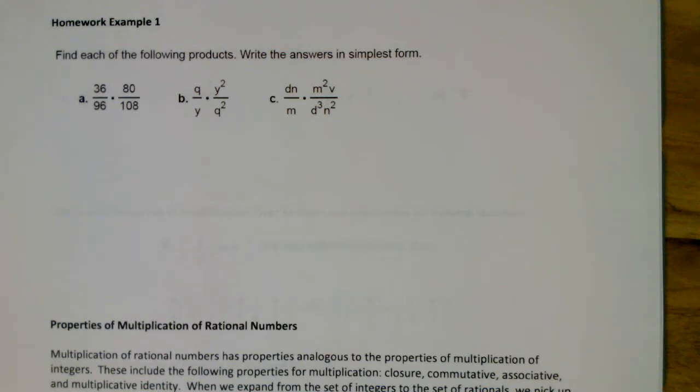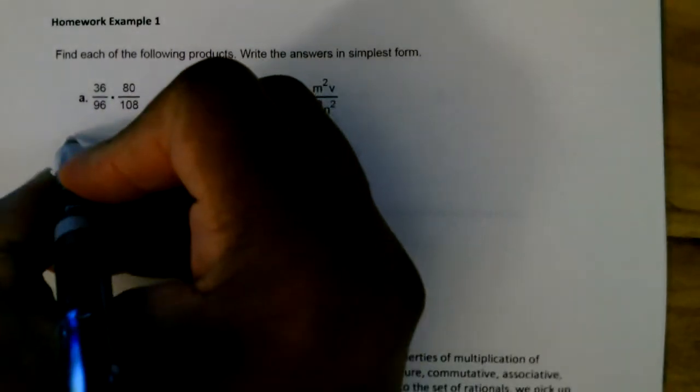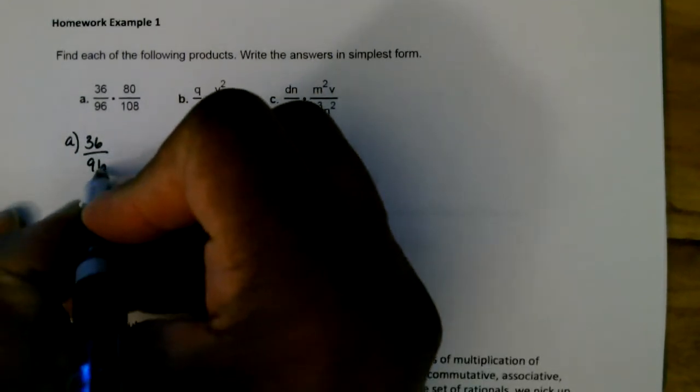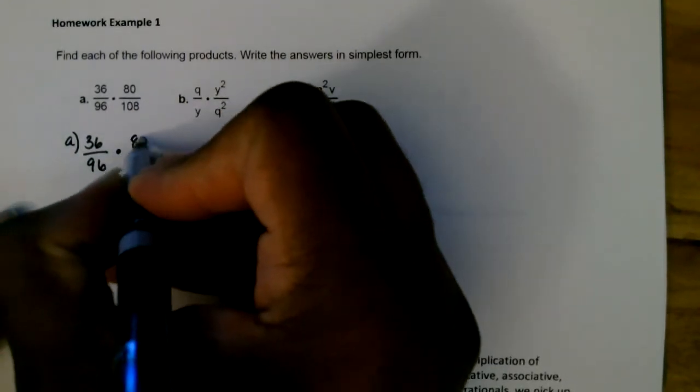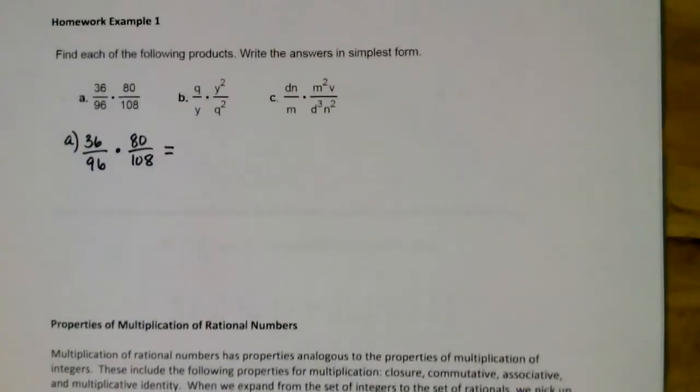Okay, so in part A, I got 36 over 96 times 80 over 108. Now, there are pretty much a couple of ways you can multiply this out.